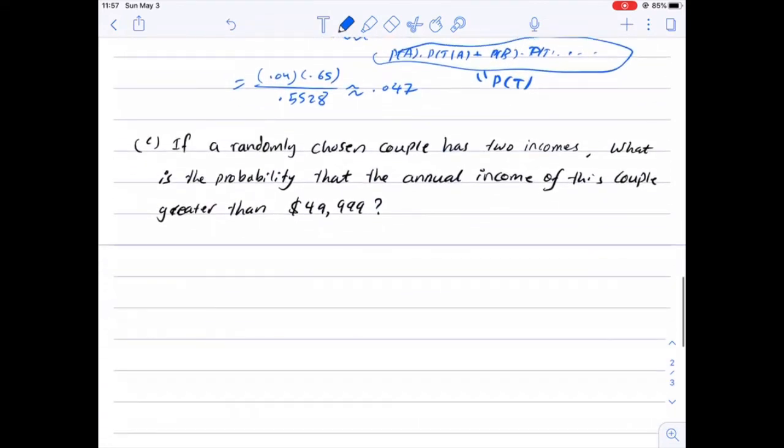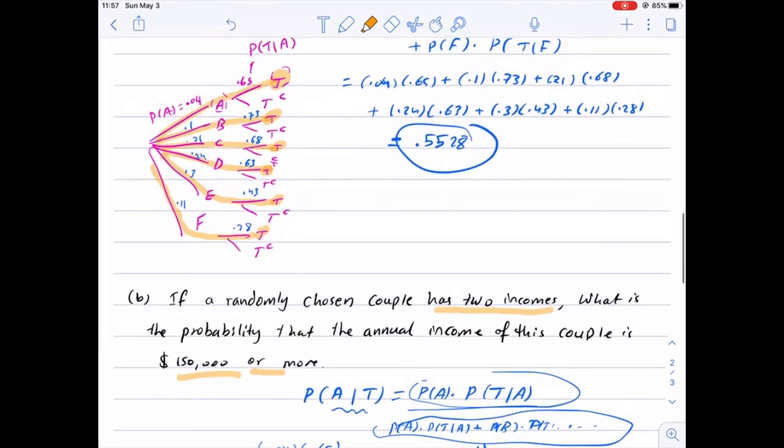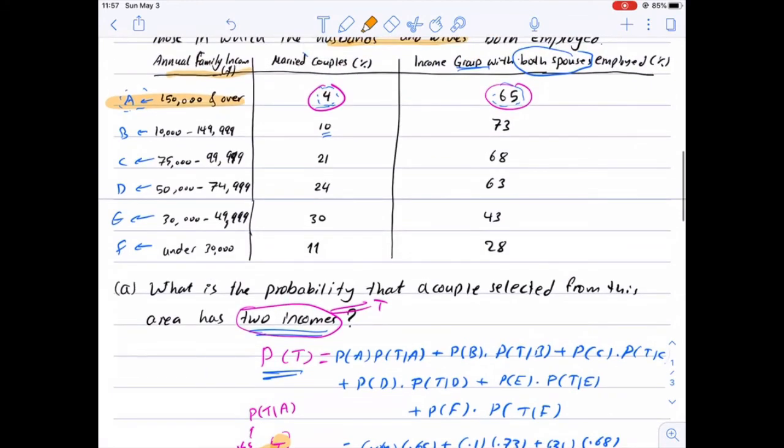Now the last part C asks, if a randomly chosen couple has two incomes, that means T already occurred, what is the probability that the annual income of the couple is greater than 49,999?